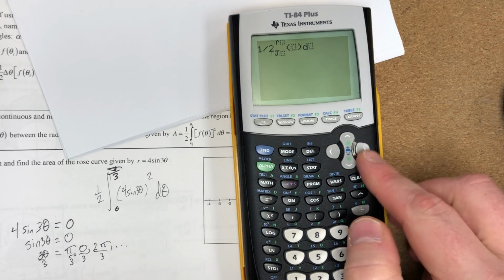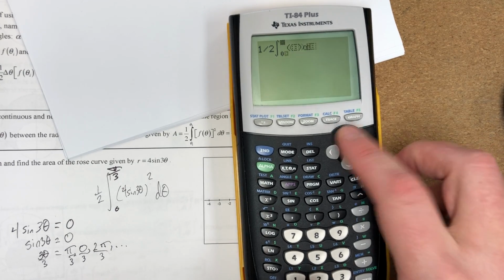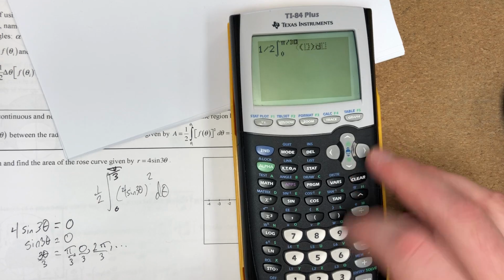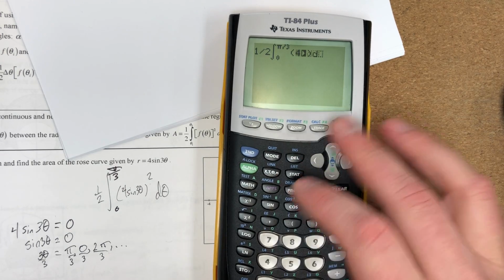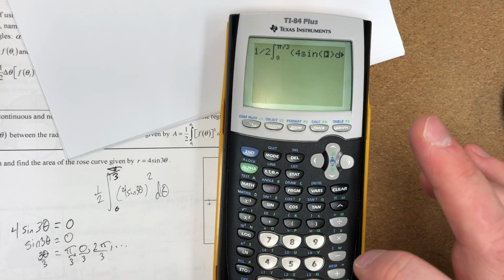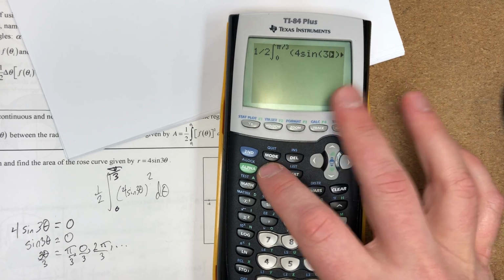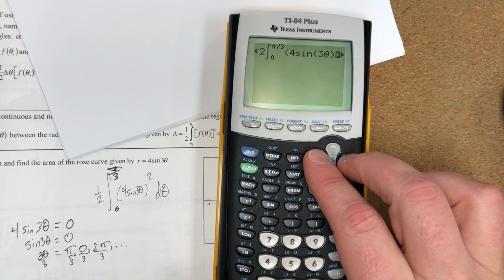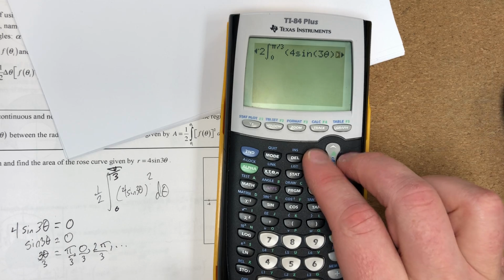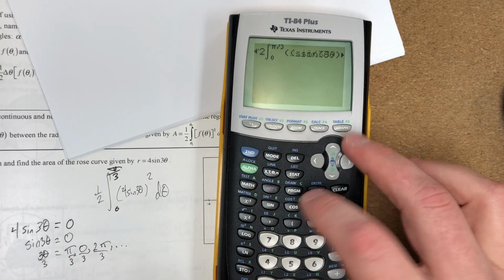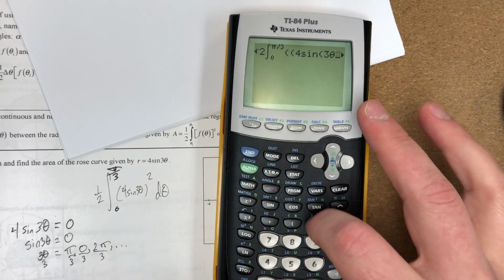So 1/2, integral from 0 to pi over 3 of 4 sine 3 theta. I'm going to write 3x. Oh, I'm in polar mode, so it does it for me. I forgot the parentheses before the 4 sine and after.